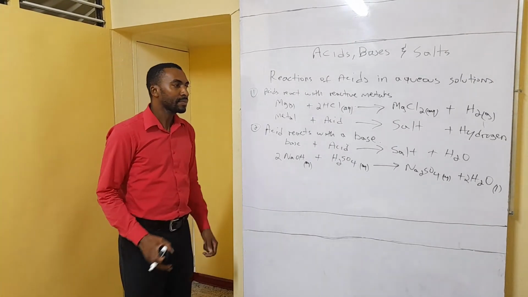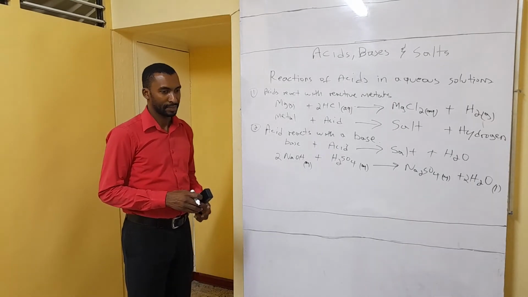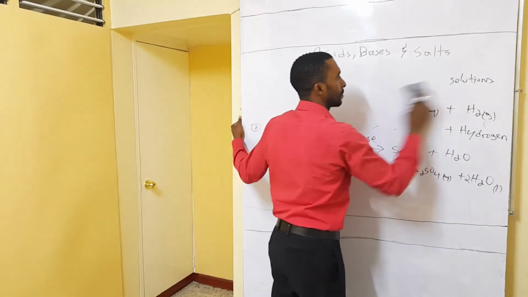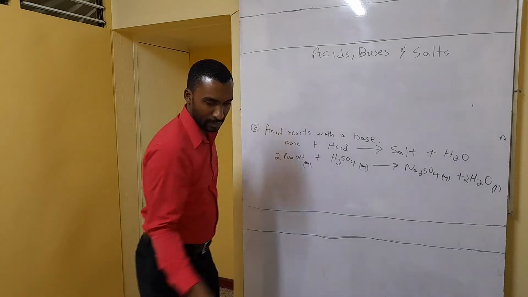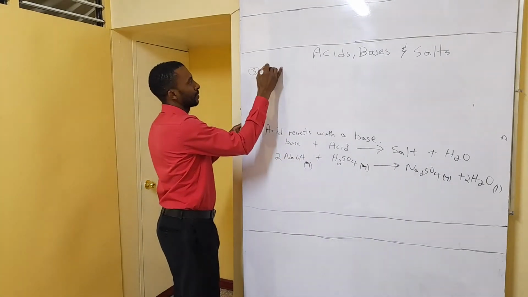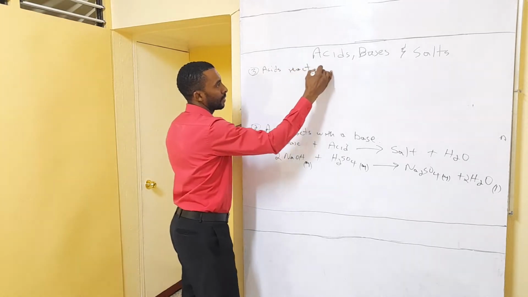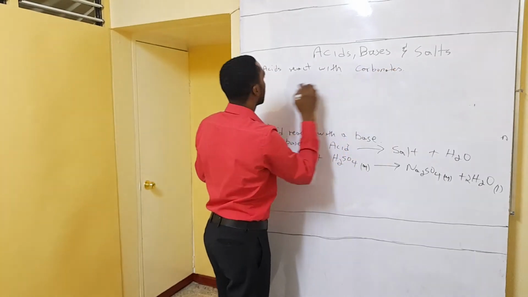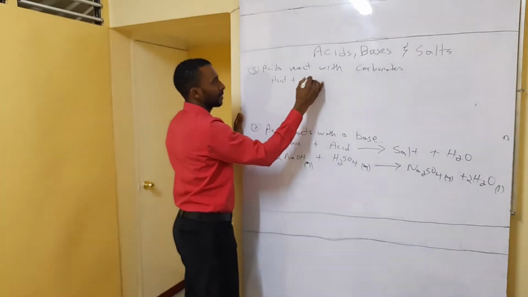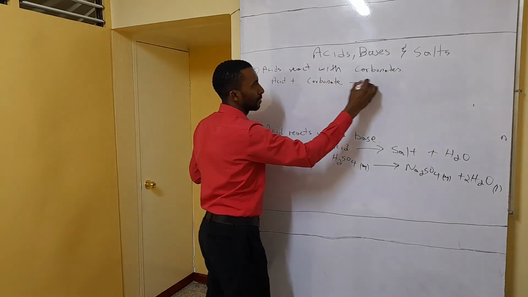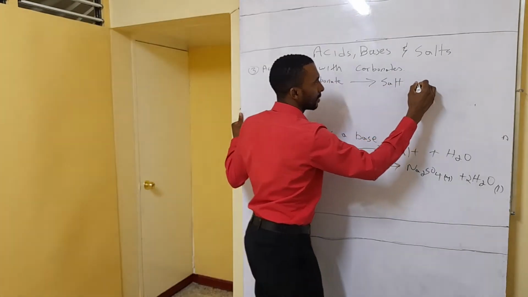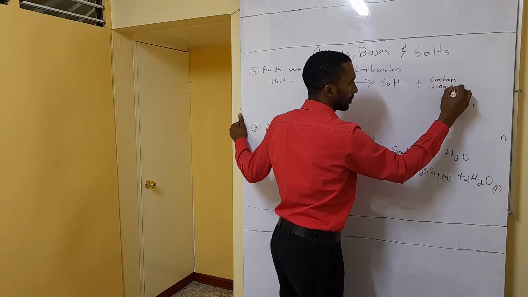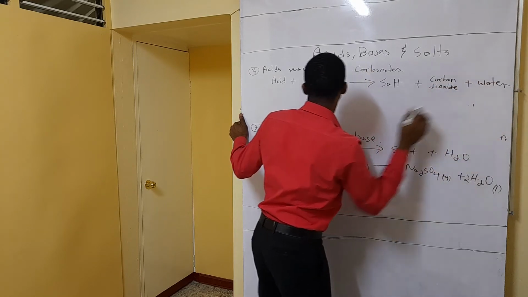Alright, so next, a reaction of acid: acids react with carbonate or hydrogen carbonate. The third reaction of acid. So acid plus carbonate produces a salt plus carbon dioxide plus water, right?